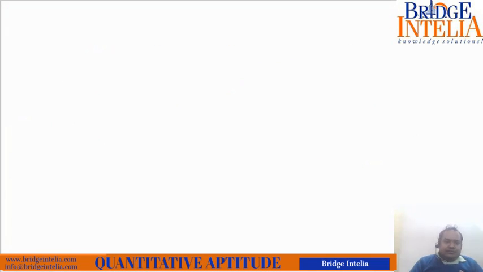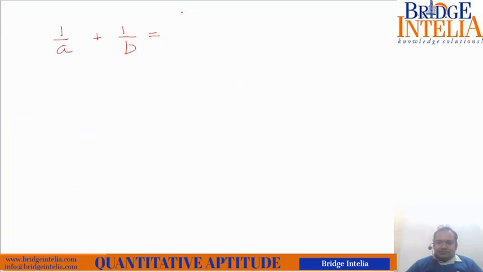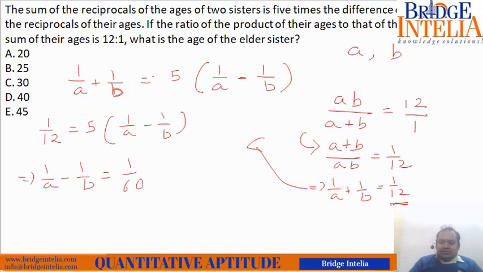Now 1 by A plus 1 by B is equal to 1 by 12 and 1 by A minus 1 by B is equal to 1 by 60.